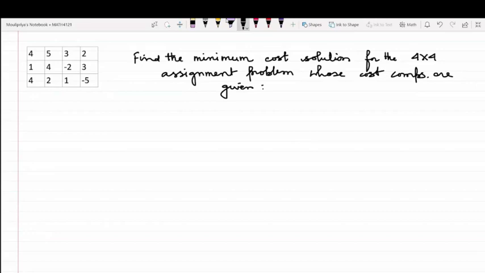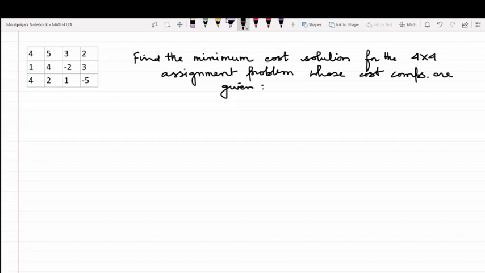Now see, this particular problem can be categorized as one where some of the cost components are negative, and at the same time it is also unbalanced. Some of the cost components are negative along with the fact that it is also unbalanced.